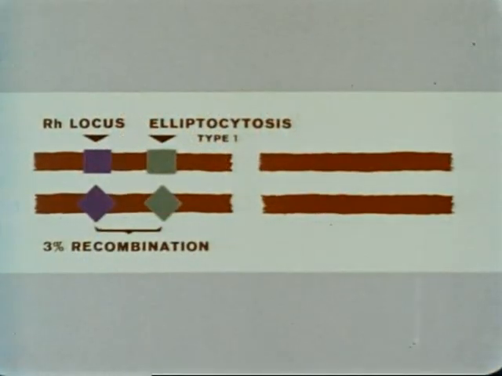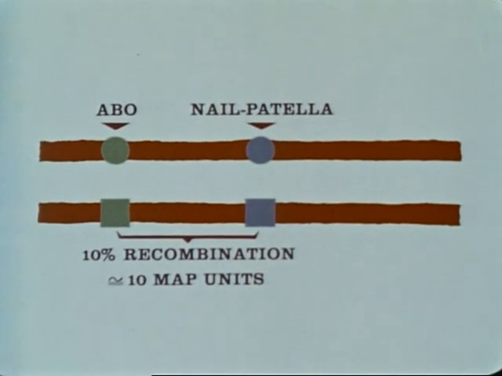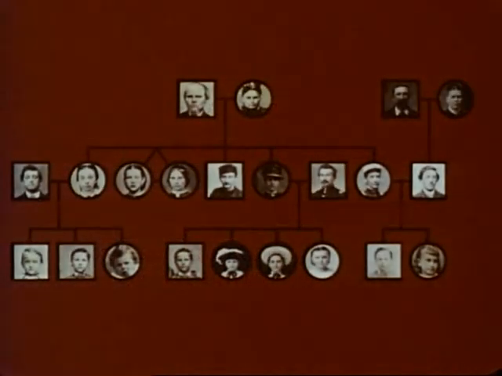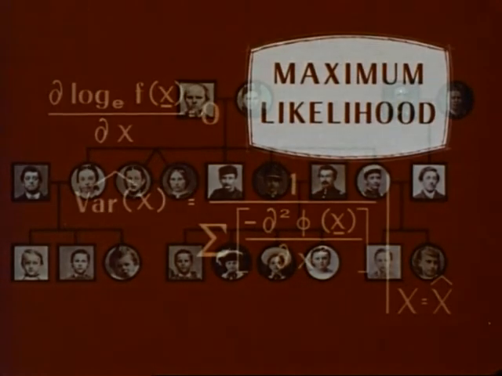In addition to the linkage of the RH locus with that for one form of elliptocytosis, linkage has been demonstrated between the ABO blood group locus and the locus for the so-called Patella syndrome. The loci are thought to be about 10 map units apart. For the study of linkage with these rare diseases, it is necessary to use large kindreds and all available data in each, since there are few of them.